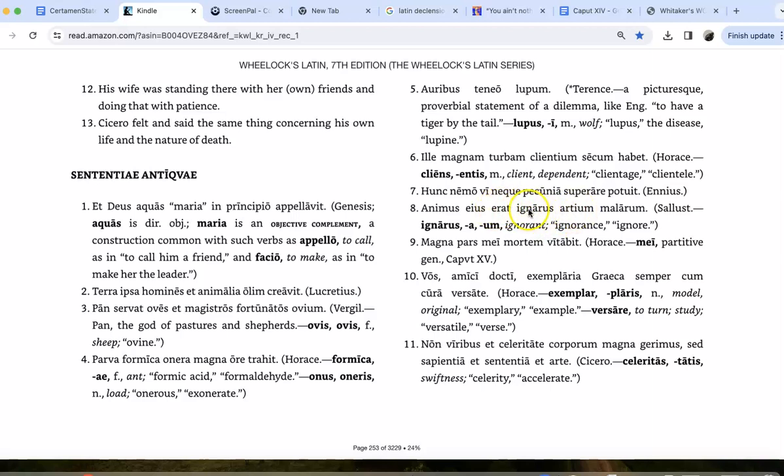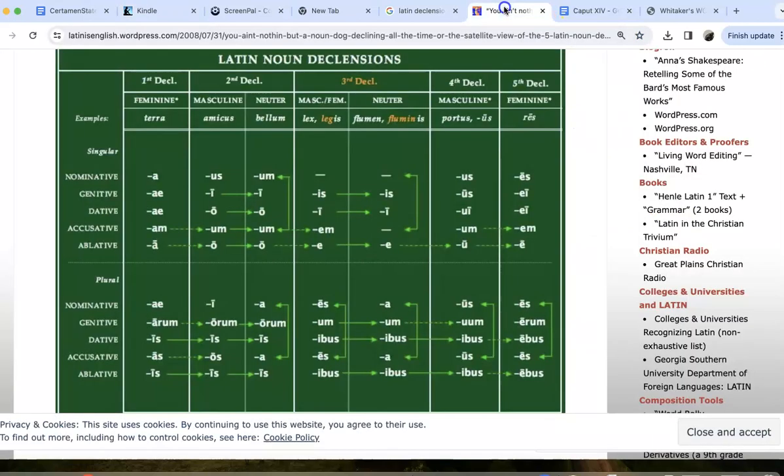So here's our adjective, his mind was ignorant, and then of bad arts. So this is first declension genitive plural, and this is third declension genitive plural. So first declension genitive plural ending in arum, but then artium, which is an I-stem, we put an I right there, and so there we have our double genitives.